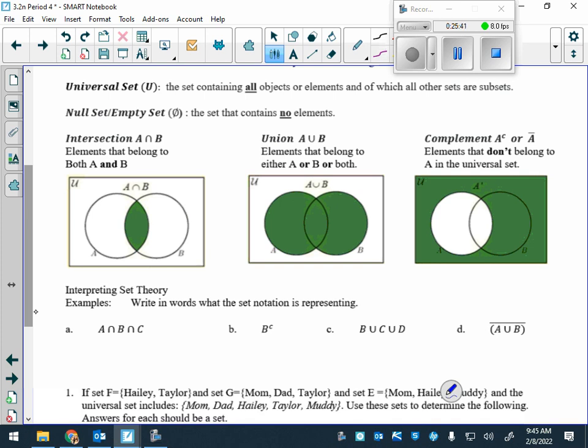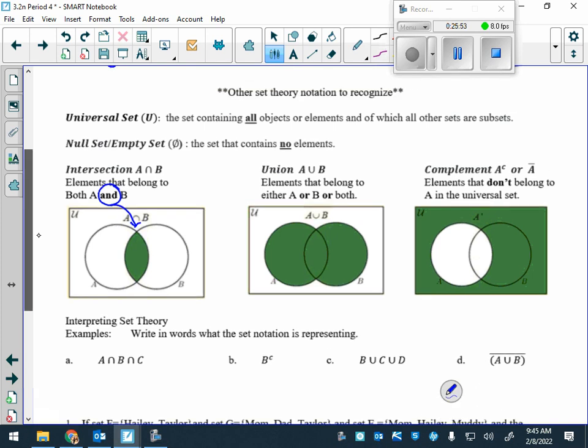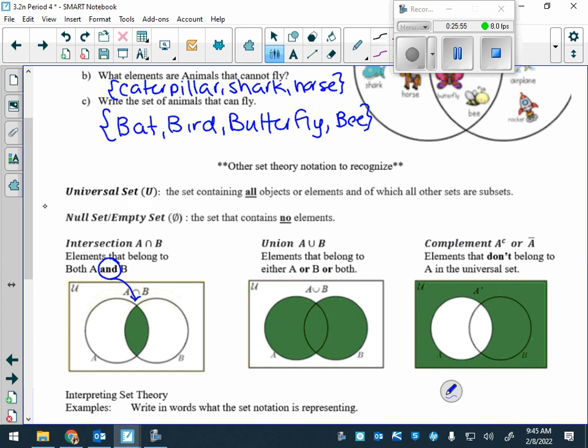Right, so a few things to consider. Anytime we have this upside down U, this is called the intersection where they both occur. Okay, so for this type of question, write the set of animals that can fly, is where the intersection happens.